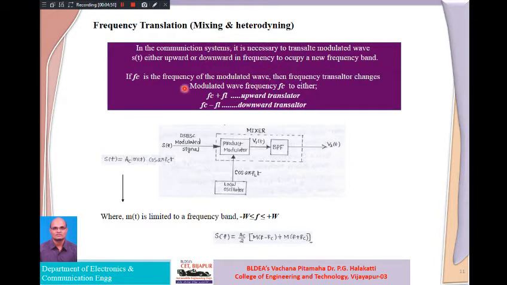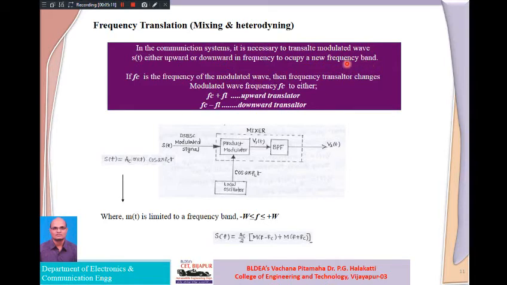So what is happening is that normally in communication systems, we need to shift the band of the frequency spectrum of the modulated wave either in the upward or downward direction to have a new frequency band.